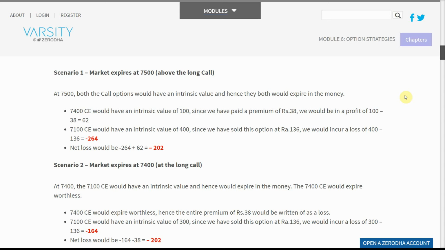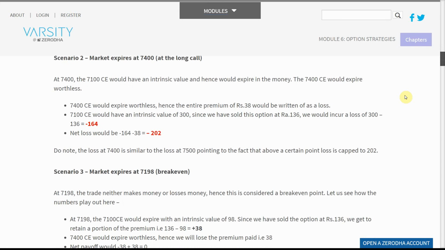7,100 CE would have an intrinsic value of 400. Since we have sold this option at 136, we would incur a loss of 400 minus 136 equals minus 264. Net loss would be minus 264 plus 62 equals minus 202. Scenario 2: market expires at 7,400, at the long call.